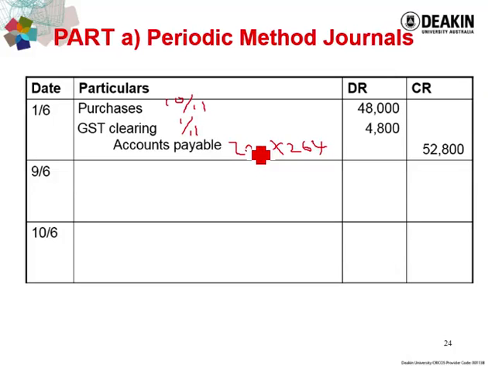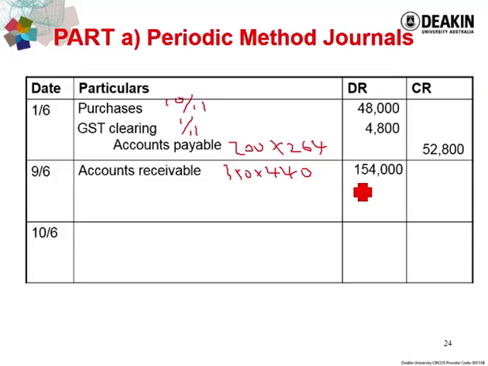Then, on 9th of June, you sold 350 tables at $440 each, inclusive of GST. So here we debit accounts receivable 154K. And how do you get 154K? You take 350 multiplied by 440. So this is the GST inclusive amount.